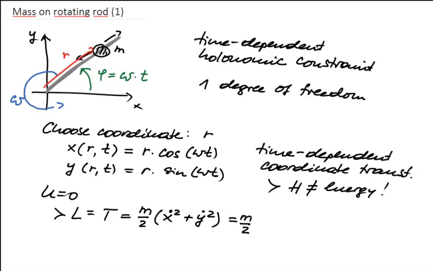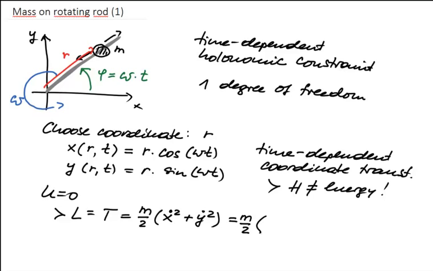And now we can use the transformation law to express that in terms of our new coordinate r. When we take the time derivative, then by product rule, we have an r dot in both cases. And we have to take into account the time derivative of the cosine and the sine functions.